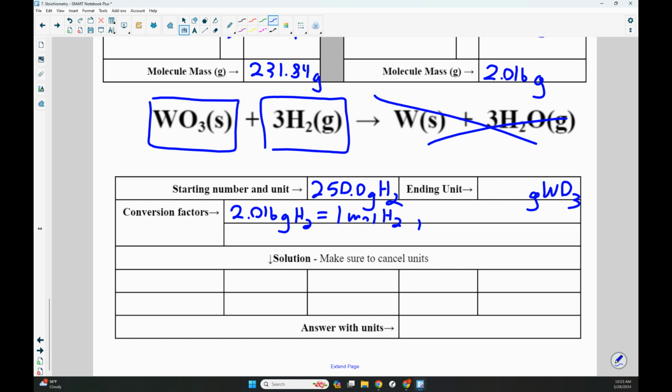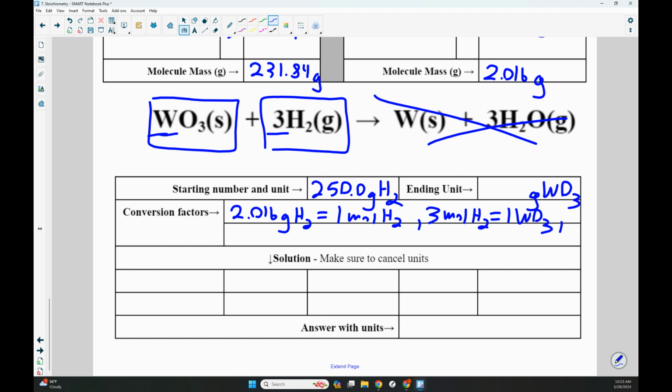Then we're going to have to convert from moles of hydrogen to moles of tungsten oxide. So the relationship we're going to need there is 3 moles of hydrogen is equal to 1 mole of tungsten oxide. And again, I got that ratio right here in the equation, 3-to-1 ratio.